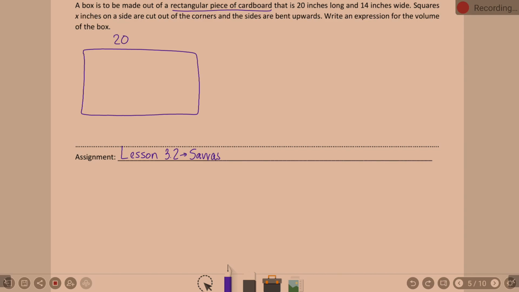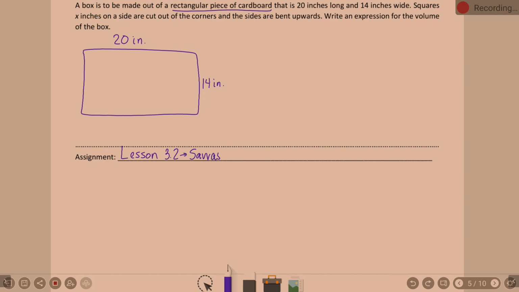So 20 inches long, 14 inches wide, yes? I'm all about pictures here. Squares, x inches on a side, are cut out of the corners. So now are you following what they're saying here?